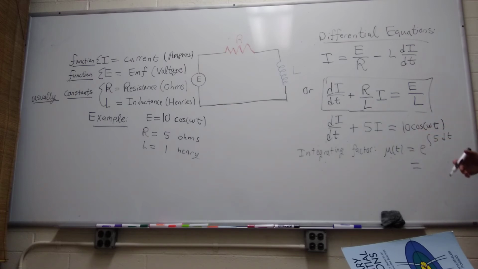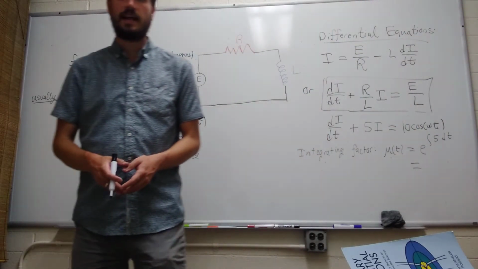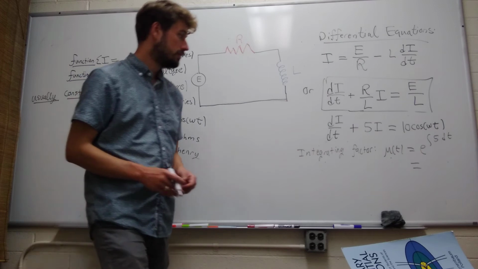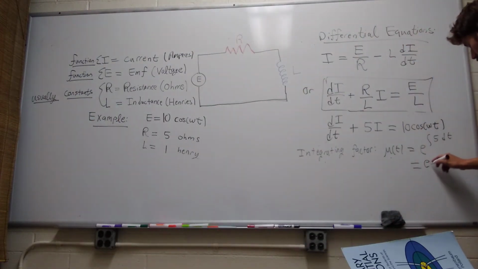The antiderivative of a constant with respect to the independent variable is just that constant times the independent variable. So this would be e to the 5t. Here we don't have to worry about the integrating constant. So this would be e to the 5t.